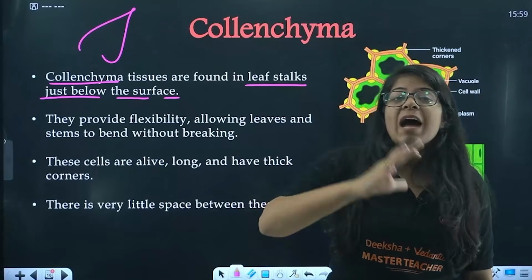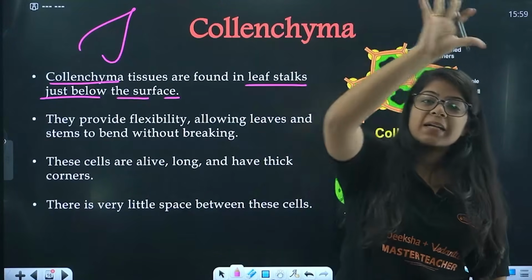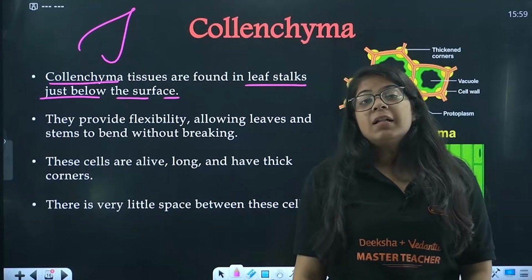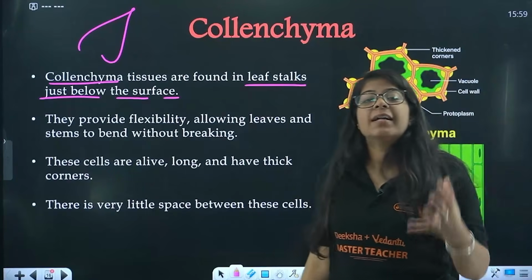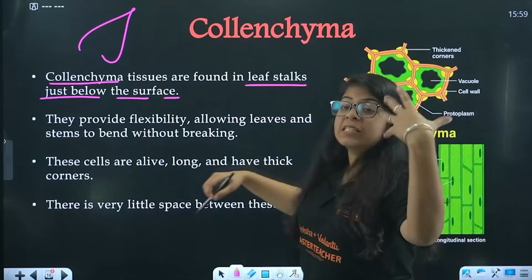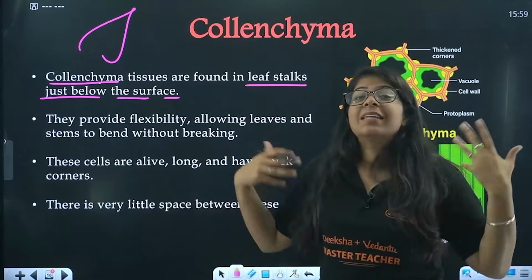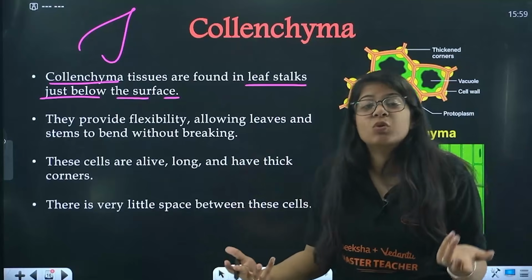If you have the word chlorenchyma, that means chlorophyll, a type of parenchyma. Collenchyma is found just beneath the leaves. They provide flexibility. Leaves can wave in the air, so they need flexibility so that they don't break.